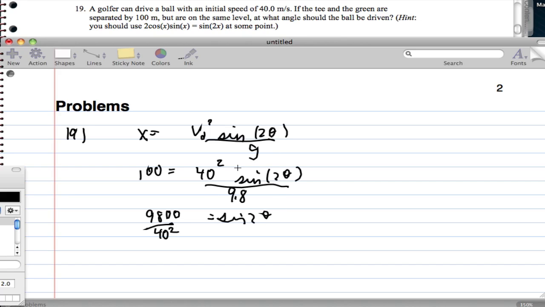Let's go ahead and do that. We end up getting 2 theta equals 37.77 degrees. That means theta is going to end up equaling 18.88 degrees. That's a good one. All right.